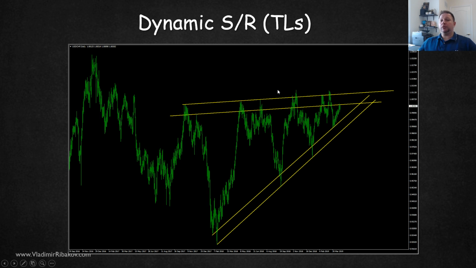And support and resistance could also become dynamic, which means they develop with the price and do not stay horizontal as we just saw. We call that trend lines. Now, the beautiful part of dynamic support and resistance is that it could be on the top of the prices or on the bottom, and the representation would be different.